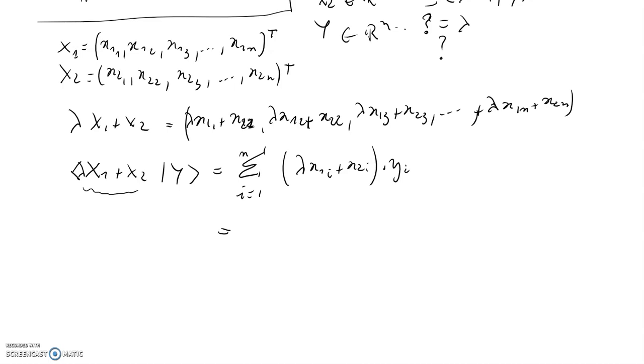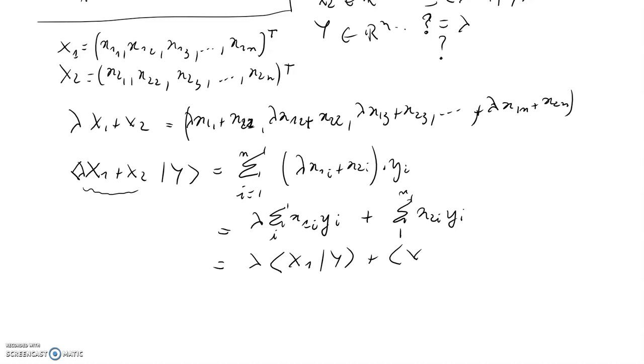But the thing is that this sum is linear, so I can go a bit faster. I can really rewrite this as lambda sum over i of x1i yi plus sum of x2i yi, from 1 to n, and I really have that it's lambda <x1, y> plus <x2, y>.